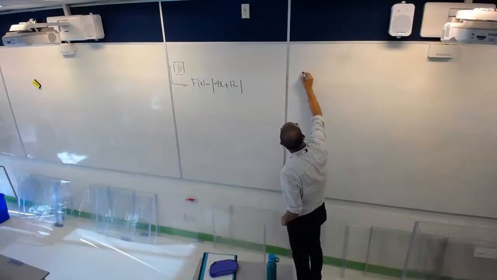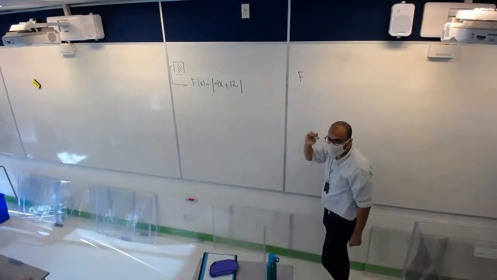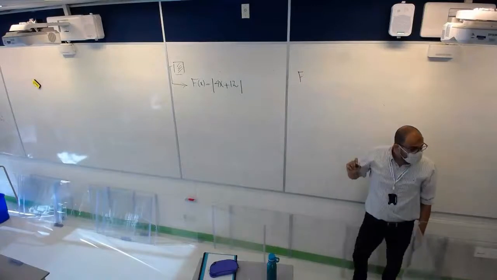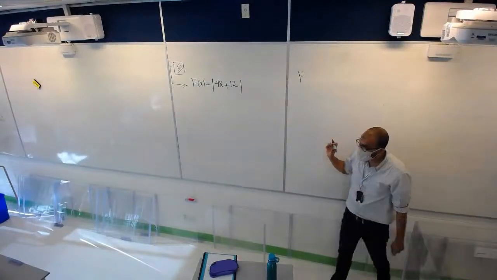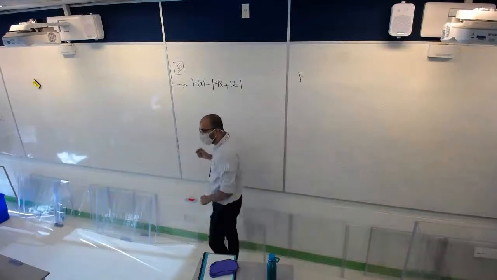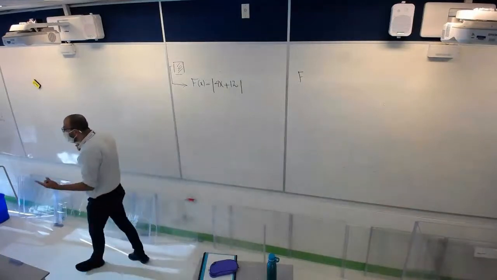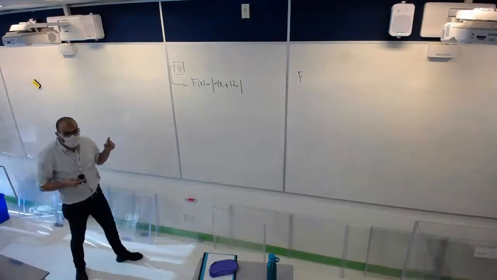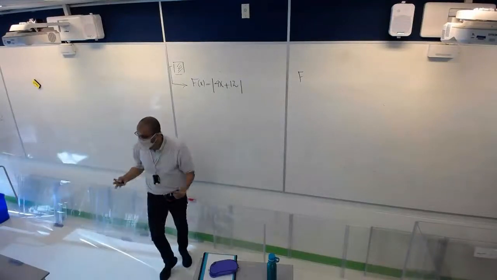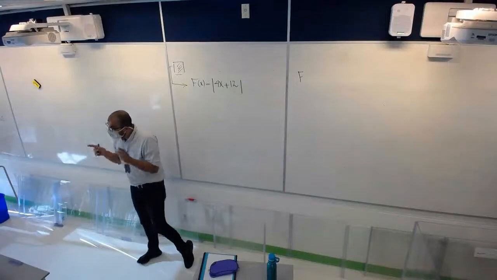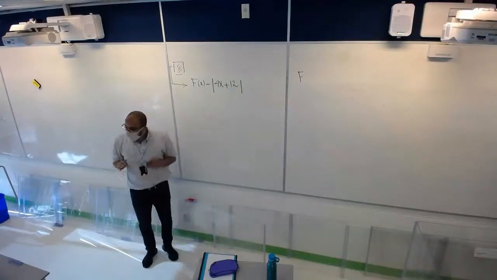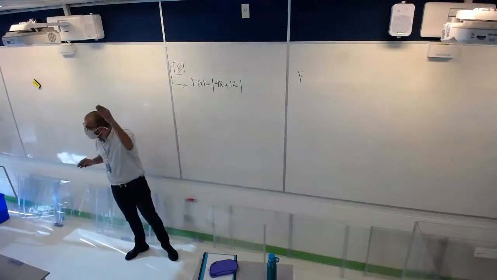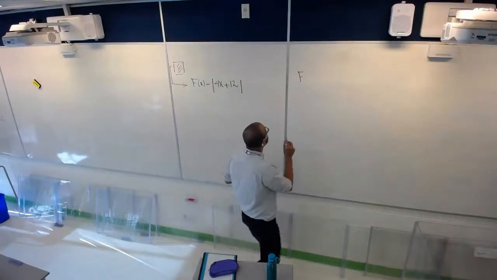Guys, please pay so much attention to these types of functions, because when you go to level 5 and study calculus, this function is going to cause so much trouble. So learn it right now, and when you move along, life is going to be very easy.